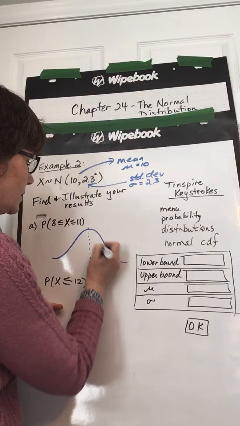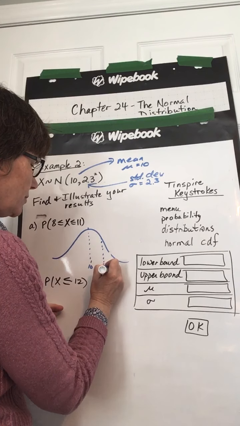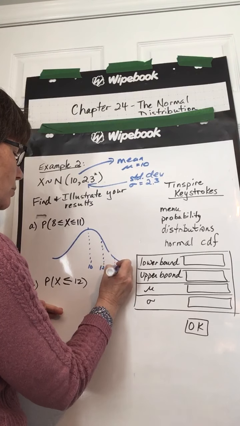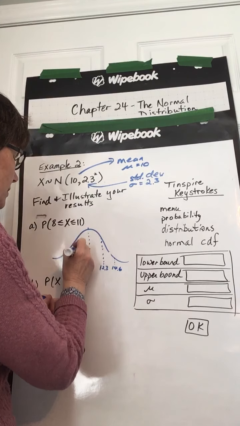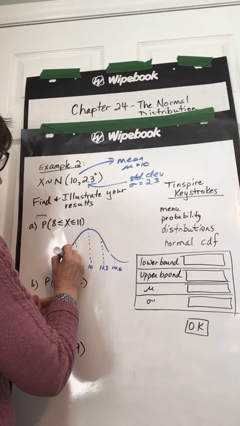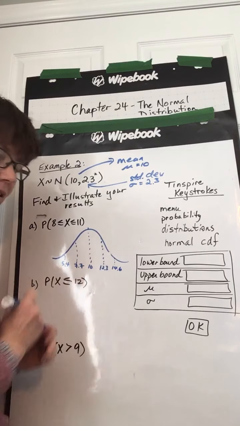One standard deviation above is 12.3. Another standard deviation above, add 2.3 again, so 14.6, and so on. Go back the other way, subtract 2.3, so 7.7. Subtract another 2.3, so 5.4, and so on.